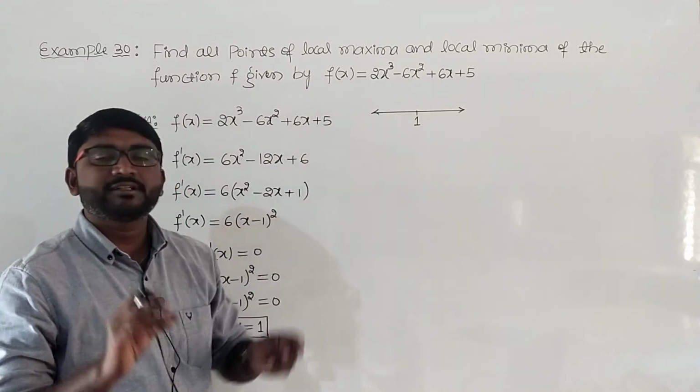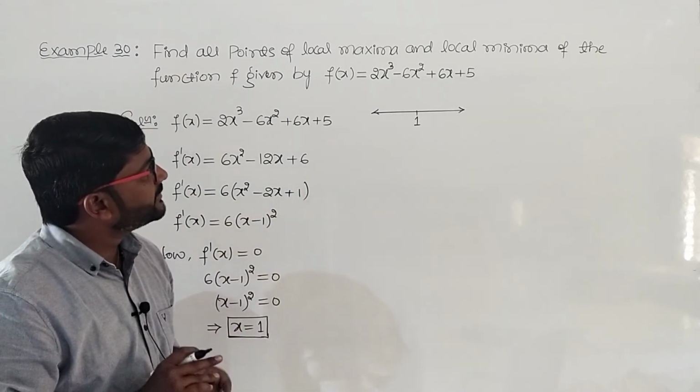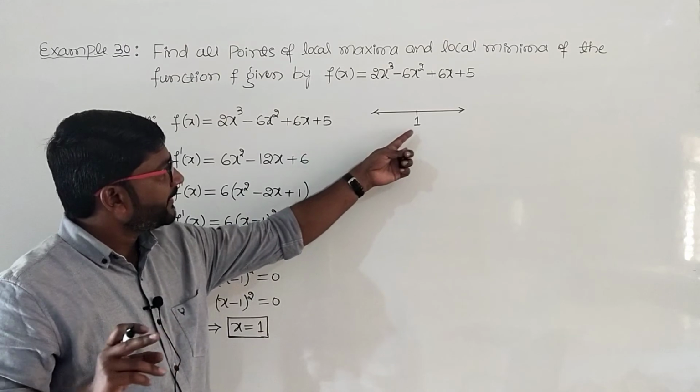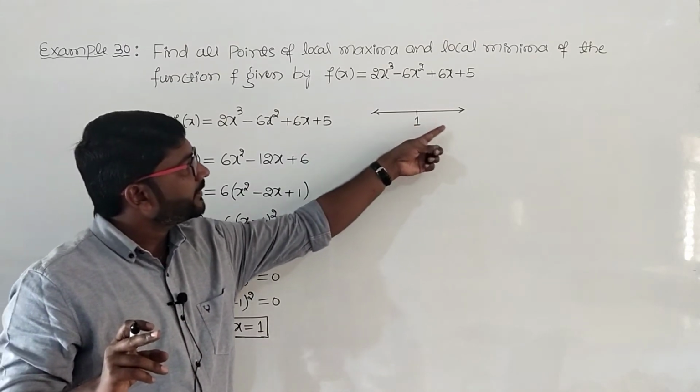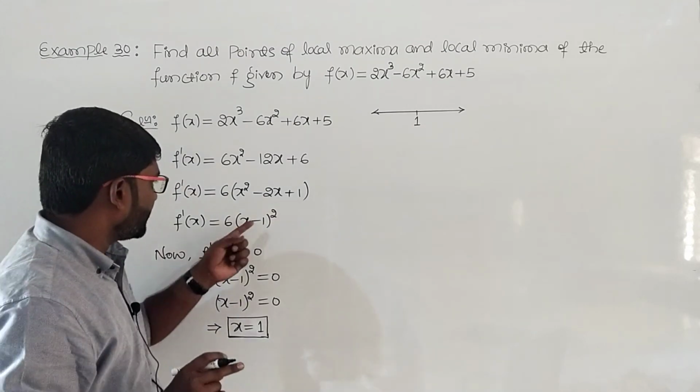To the left of 1, you can take 0.9, 0.8 or 0.5, anything. So I'll be taking 0.5 here, and to the right of 1 you can take 1.1, 1.2, anything. Now see here.